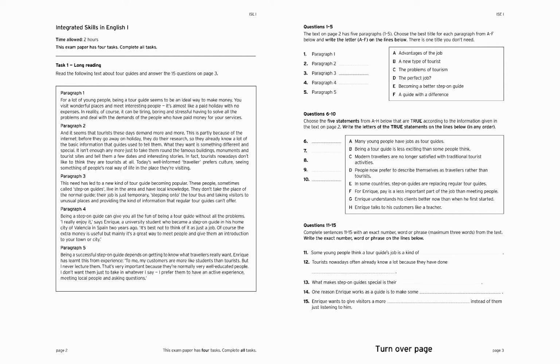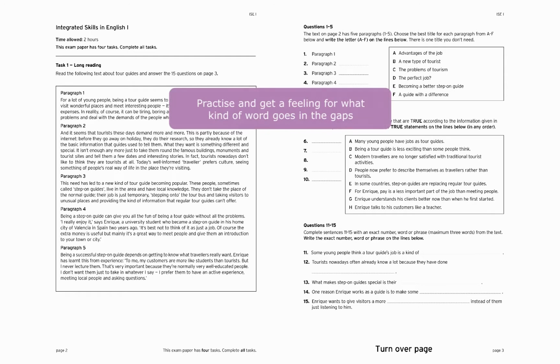So when we look at the answers for number 12, 13 and 14, only one word is needed. For example, in the sentence, he caught a small fish, small is talking about the fish. So get a feeling for what kind of word you need in the gap.